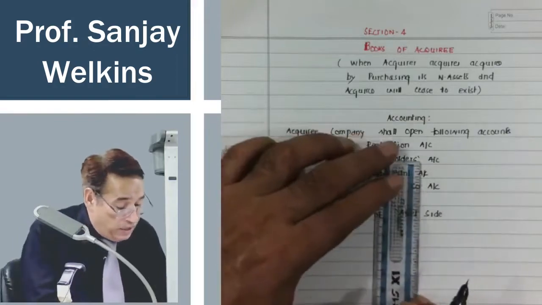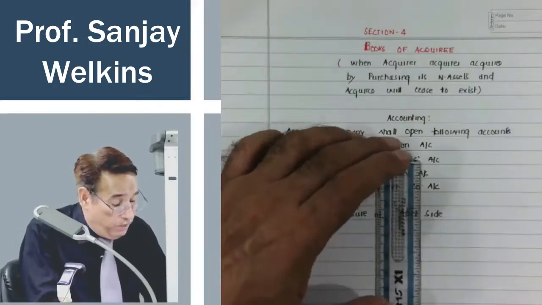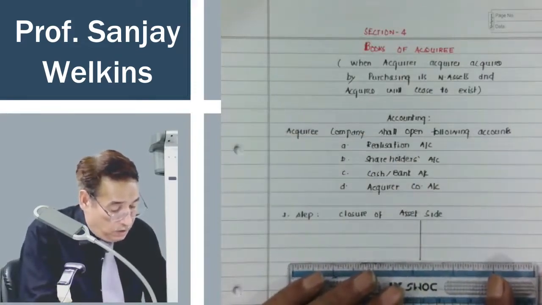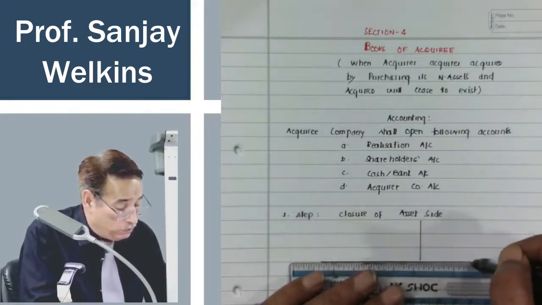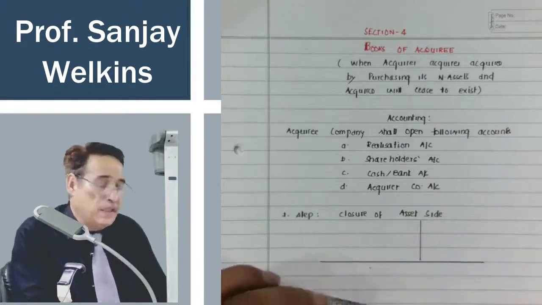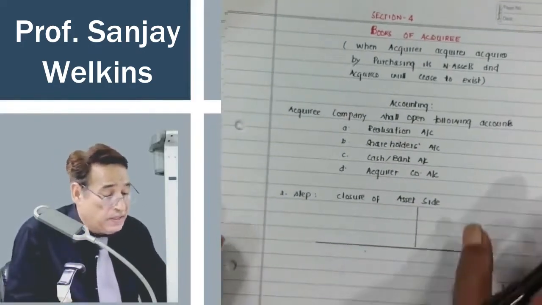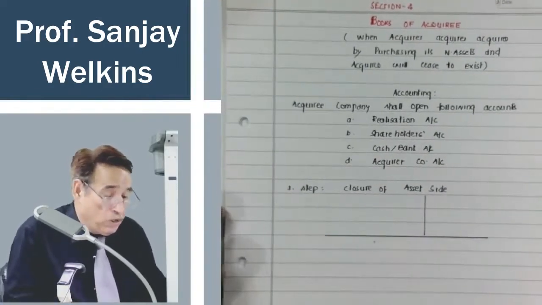The asset side of an enterprise can be divided broadly into two parts. On the asset side, we may say there are two types of accounts. I am talking about the asset side, not about assets.